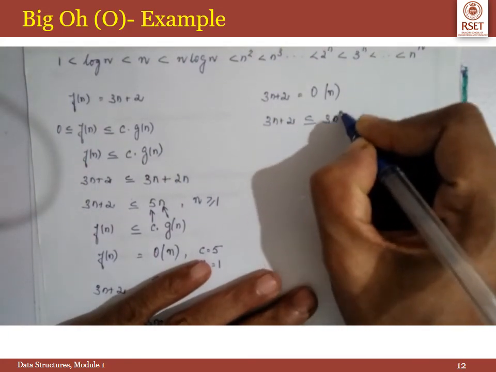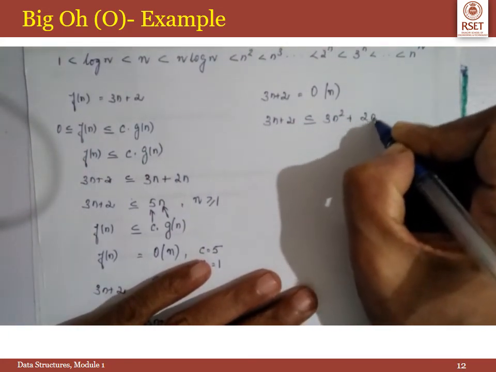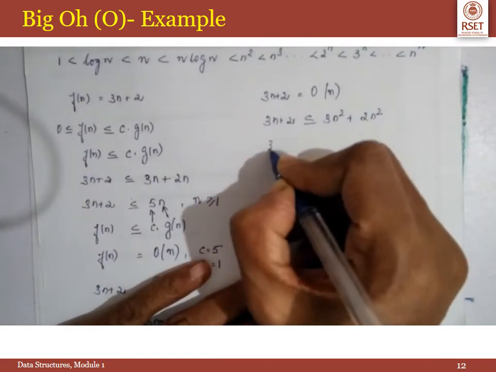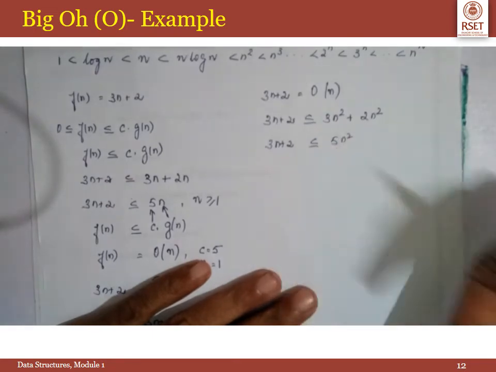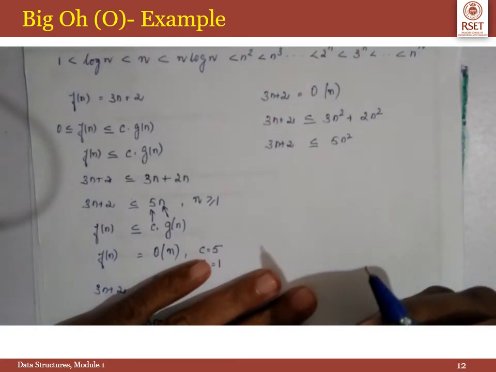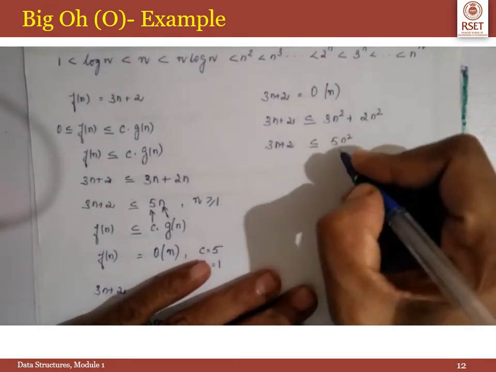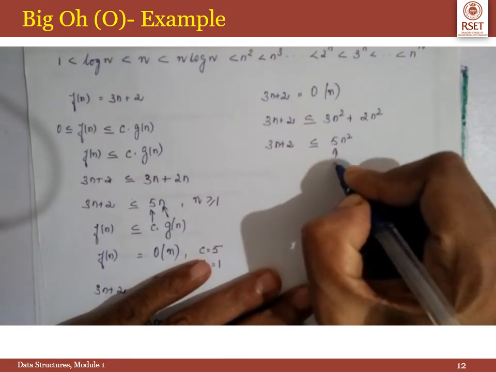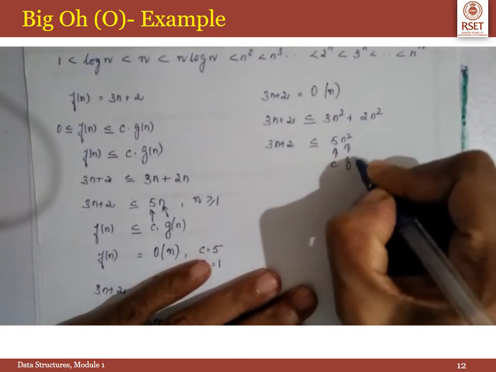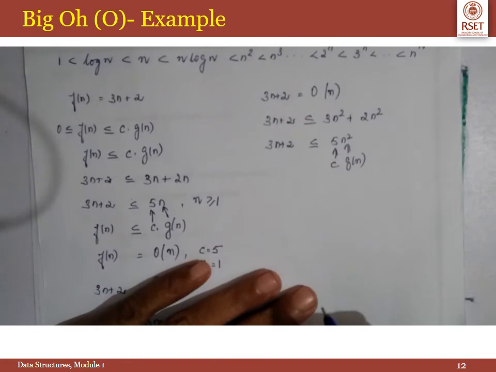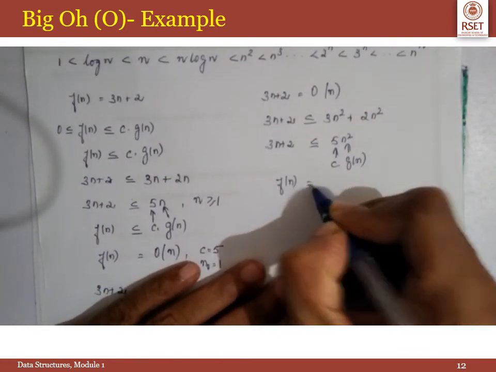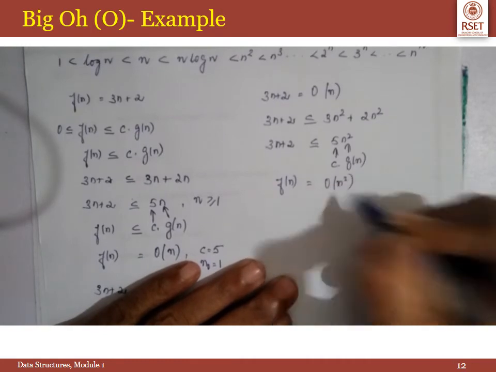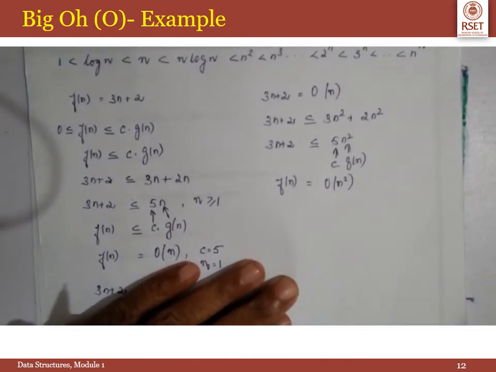That is, if I'm going to write it as 3n plus 2 is less than or equal to 5n square? Yeah, true. So in that case, what happens? This is my c and this is my g of n. Okay, so now what we concluded? We concluded that my f of n can be written as O of n square. Is it true? That is true.